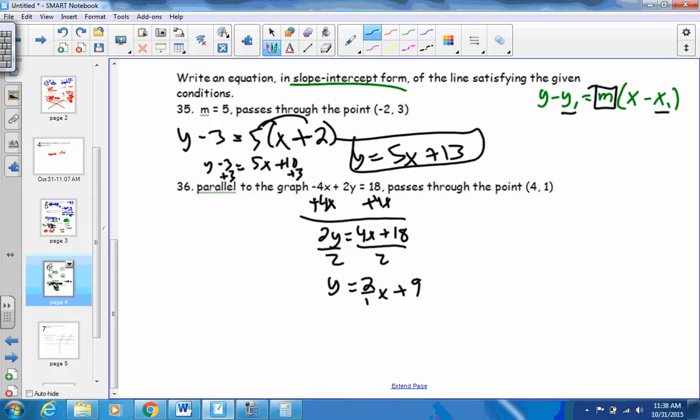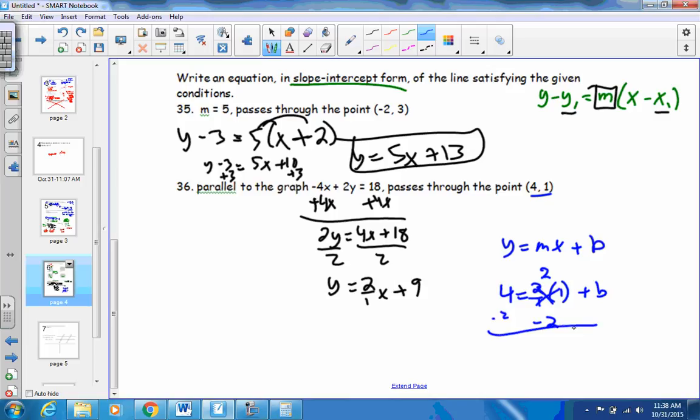And maybe this time we won't use point-slope form. This time we'll use regular slope-intercept form, and I'm just going to plug in that point for the x and for the y. So y equals mx plus b. We'll do 4 equals 2 over 1 times the x, which is 1, plus b. So this is going to be 2 over 1 times 2. This is going to be 2. I'm going to subtract 2 from both sides.